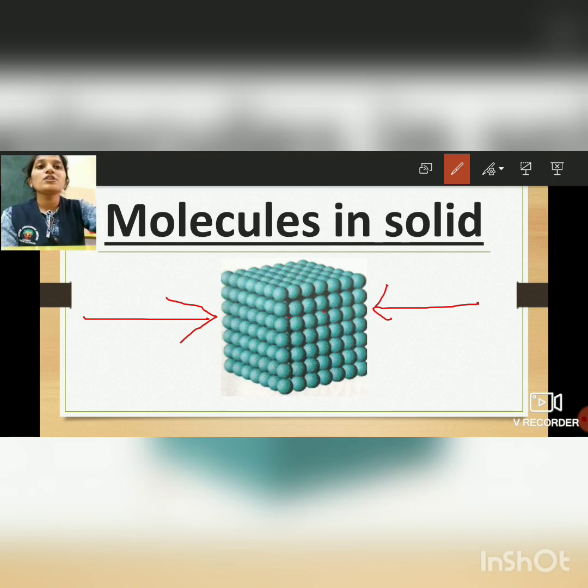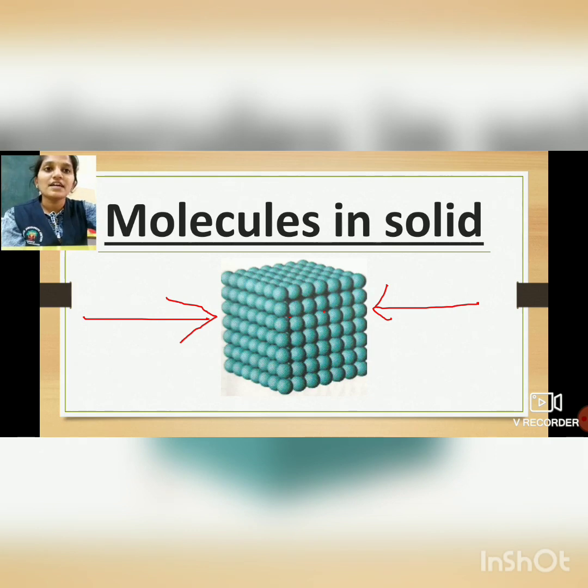That means the molecules in solid don't have space in between them to move. As they don't have space between them, that's why they cannot move and that's why they have the definite shape and definite volume.